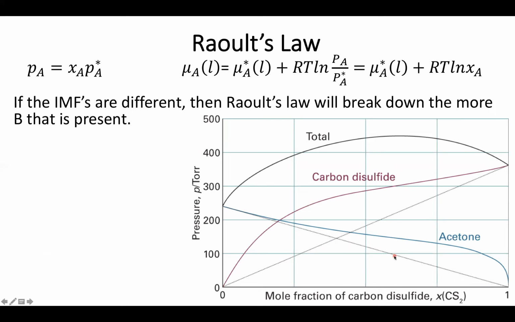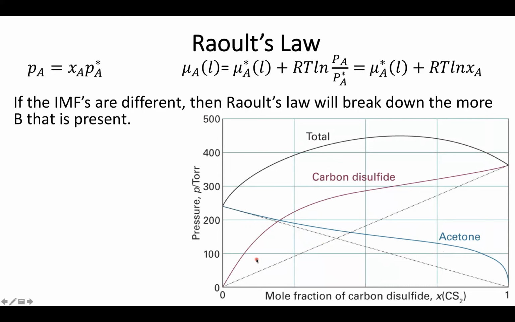You can imagine that if I have carbon disulfide in acetone, well, it turns out that carbon disulfide really doesn't like hanging out with acetone. So the more acetone that's present, the more carbon disulfide says, hey, I don't want to be here.